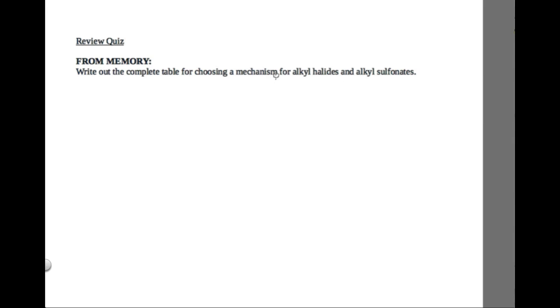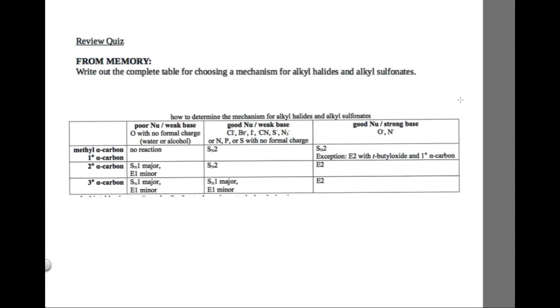Please pause the video and try this problem. I hope that you actually did write out the complete table from memory on paper. Here's the answer. Check what you wrote down to make sure it matches this table. And I hope when you wrote down the table, that you included the identity of the species in each column.